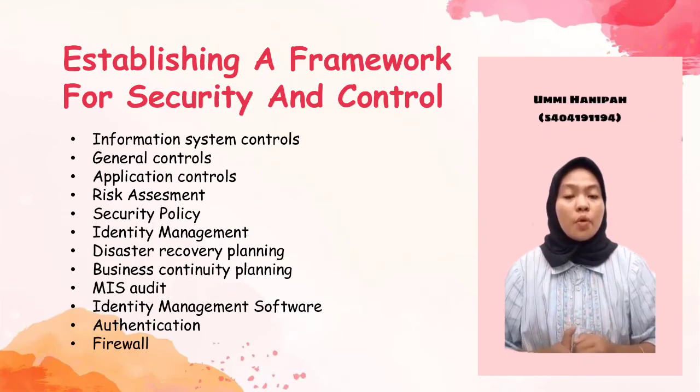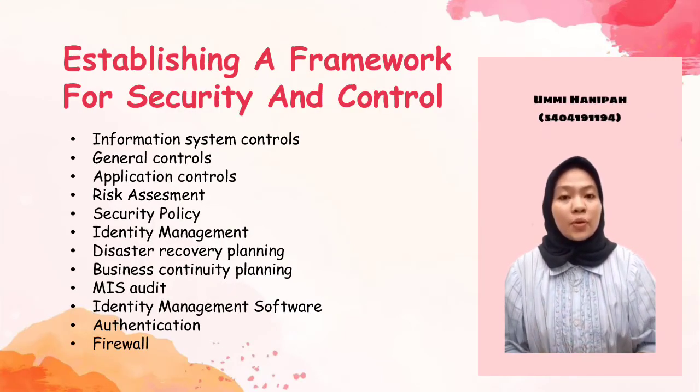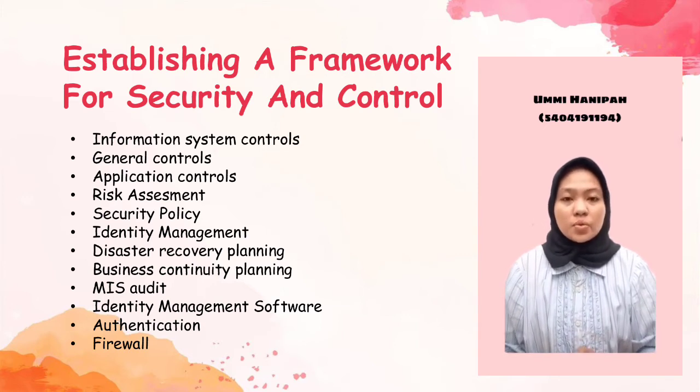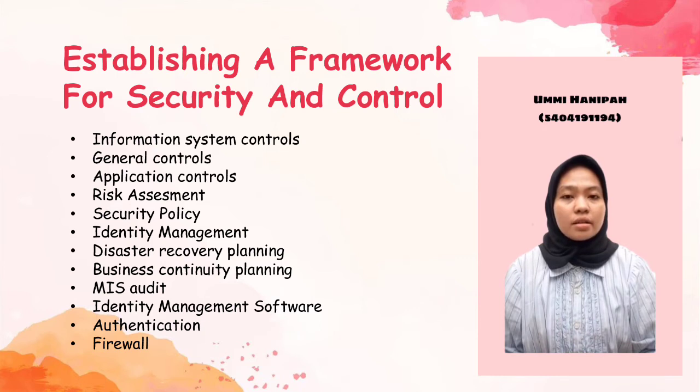Establishing a framework for security and control: information system controls, manual and automated controls, general and application controls. General controls govern the design, security, and use of computer programs and the security of data files in general throughout the organization's information technology infrastructure.